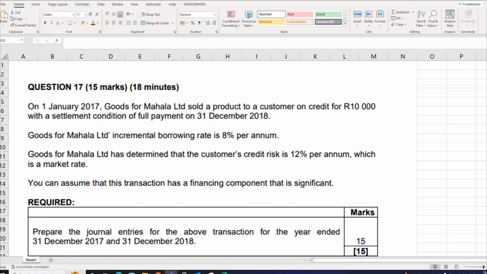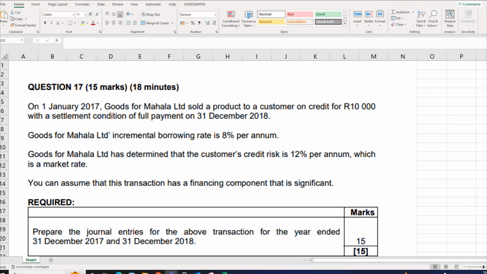So what you need to know is that you recognize revenue based on what you have done as a service provider. So they've broken it down into 5 different steps.